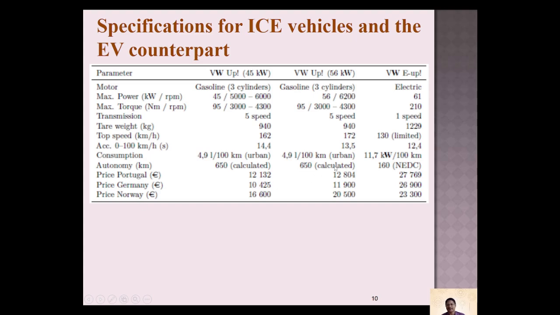Like that it can be compared for two IC engine vehicles with different capacity, or used in an urban setting. For the electric vehicle, it is compared for its charges or its cost, and how much cost can be spent.